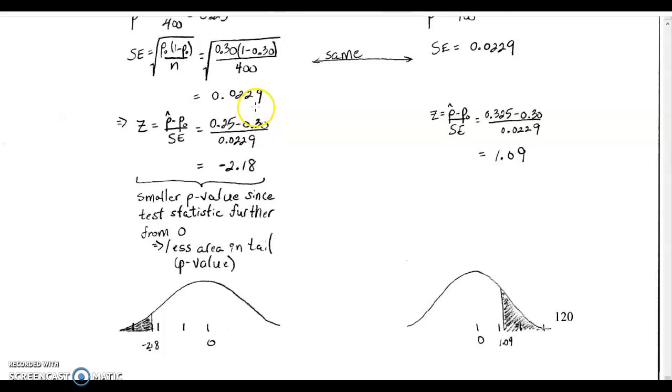So you get a p-value that's bigger, the area in the tail outside that test statistic. In other words, the probability of getting z equals 1.09 or one more extreme: the probability of z being greater than or equal to 1.09 is this p-value. You can see from the pictures, I tried to be somewhat precise. This has a larger p-value because the test statistic is closer to 0 than the test statistic in this problem.